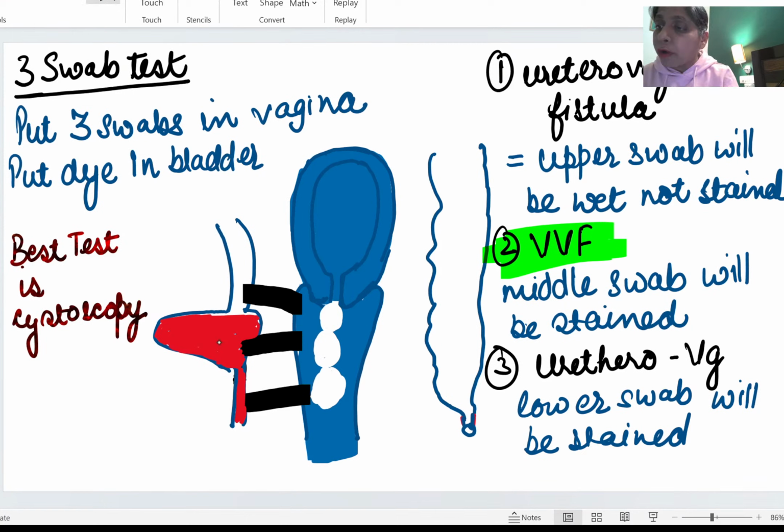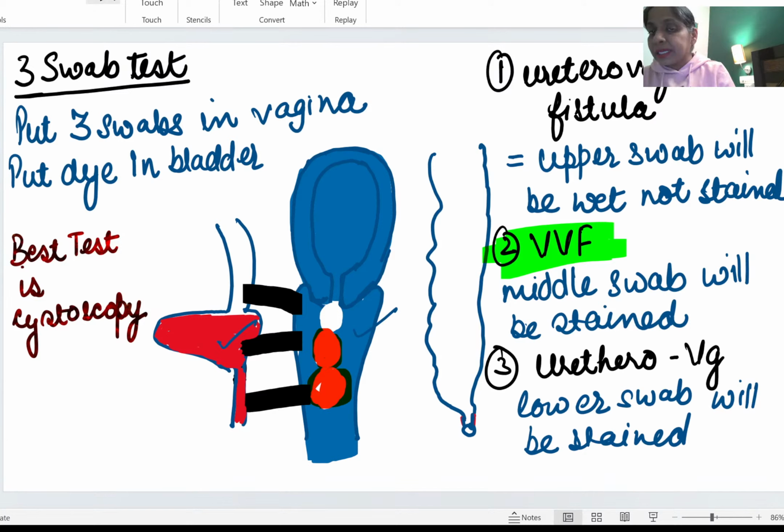If there is a communication between the bladder and the vagina, then the middle swab will get colored. As I put red dye, the middle swab will become red and wet, both. And if there is a fistula in the urethra, the lower swab will become red.